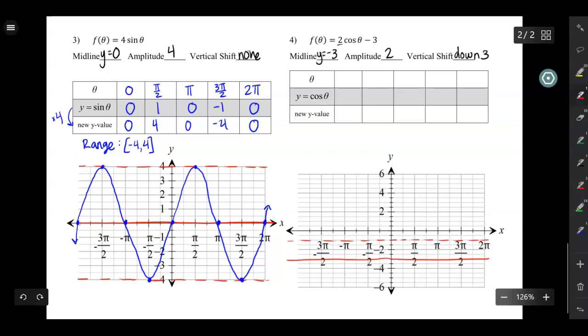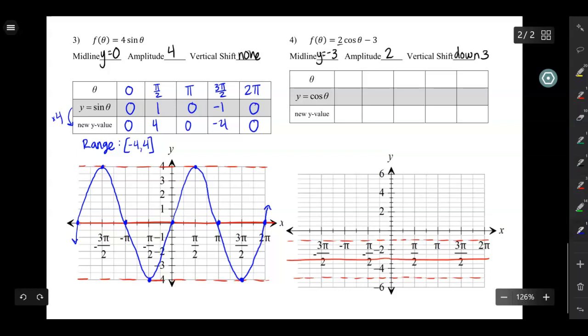Or I can go down 2 to -5. Okay. So my whole graph's going to fit within those 2 dotted lines. I just got to figure out what it looks like once it's in there. So let's go ahead and fill in our parent tables first.